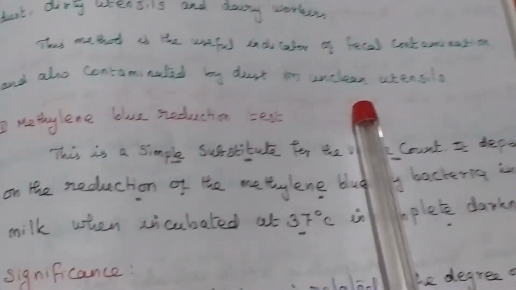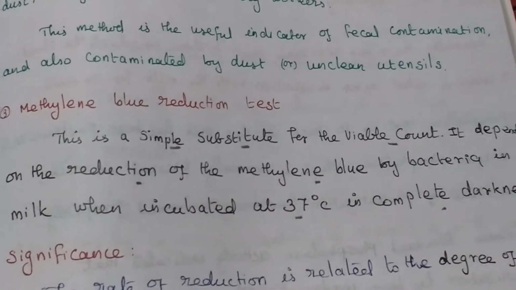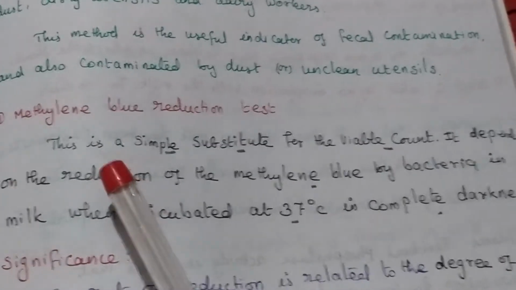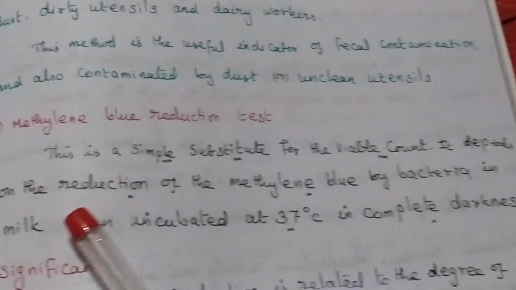Then third method, methylene blue reduction test. This is a simple substitute for the viable count method.